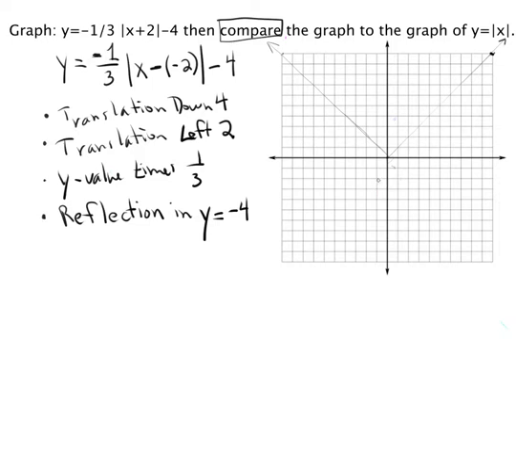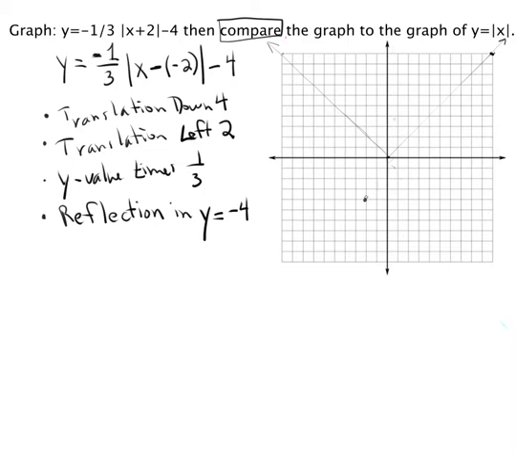Once we get down there, it'll be clearer where that comes from. So I'm going to take my vertex, because that's our key point, but I'm thinking it's going to be all of our points along the line. It's just a key point to help us organize our thinking. So we're going to go down 4 and left 2.